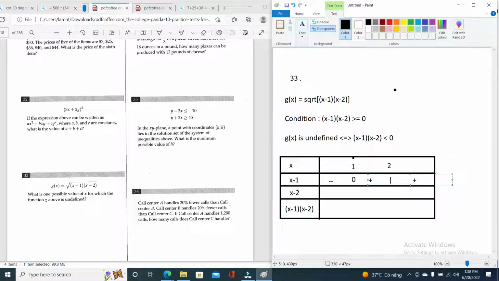Same thing down here with x minus 2. When x is smaller than 2, everything is negative, and when x equals 2, it is 0, right? And when x is bigger than 2, then it's positive here, right?